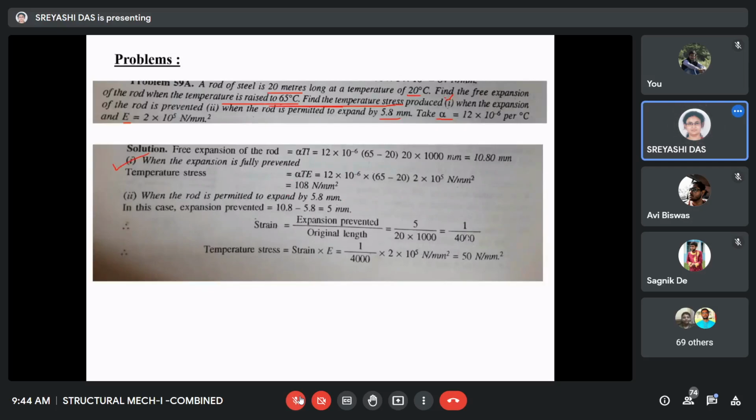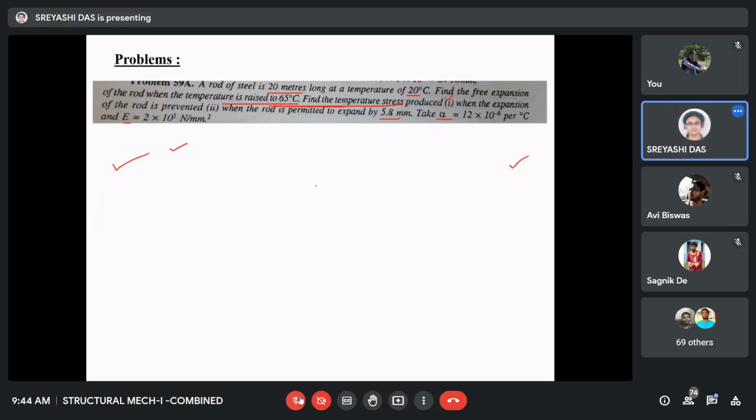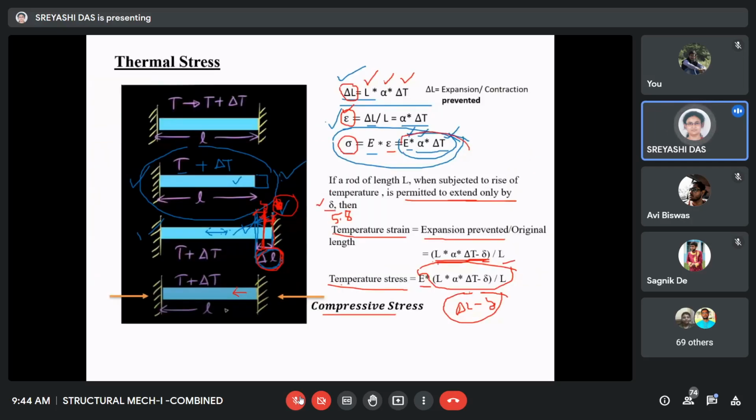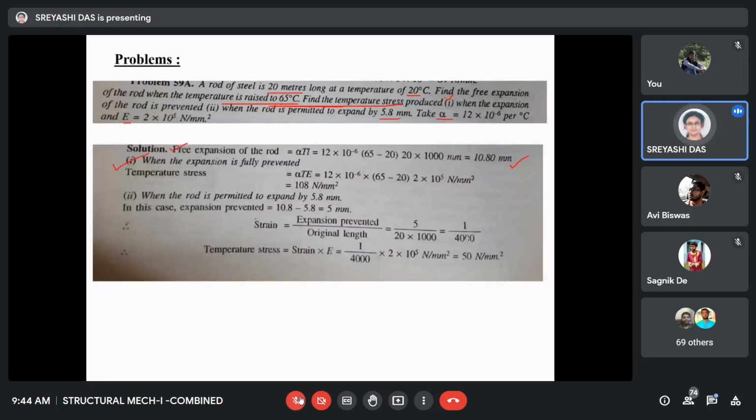Solution for the first part: the free expansion of the rod is L alpha T, where small l is the total length and capital T is the change in temperature. So 10.8 millimeter is the free expansion of the rod. When the expansion is fully prevented, the temperature stress is alpha T E. After getting alpha and E values, we can find out the temperature stress is 108 Newton per millimeter square.